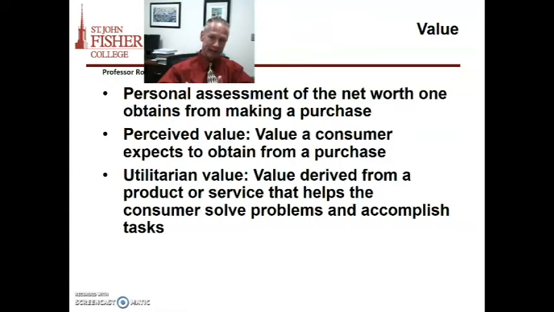Something could be very inexpensive but provide what it does, and that provides good value. Value is really a personal assessment, whether they got what they paid for or whether they got more than what they thought it was worth. Perceived value is value the customer perceives from the purchase, and utilitarian value is derived from the product or service that helps solve or accomplish a problem.